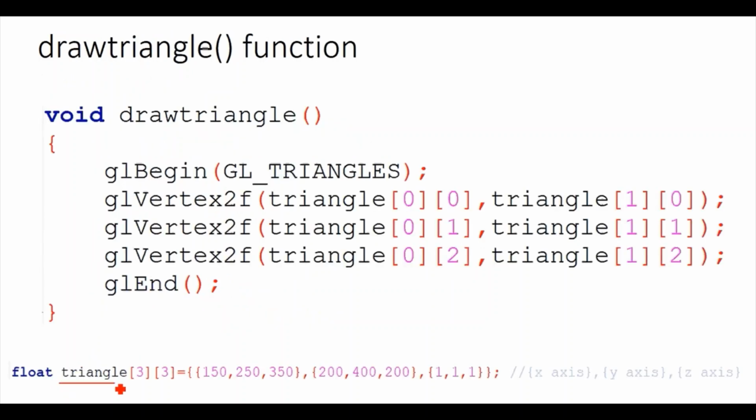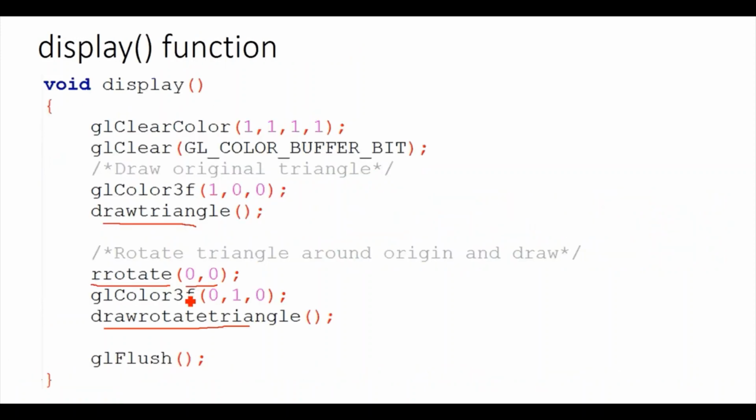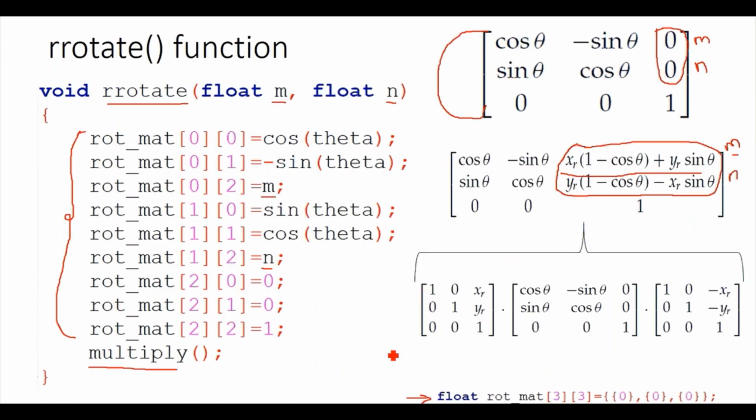Now we have the rotation matrix in an array called ROT underscore MAT. After taking the values of the rotation matrix, it is supposed to be multiplied with our object, that is the triangle array. So that is what this multiply does.